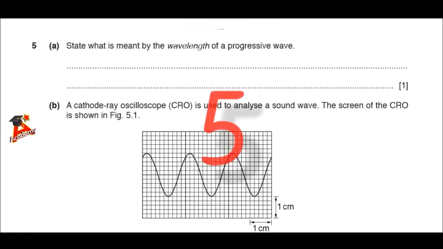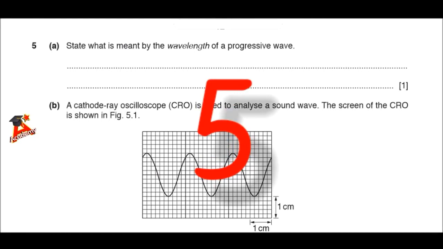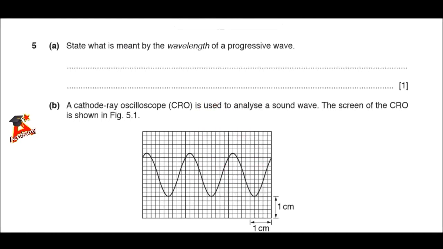By the wavelength of a progressive wave, the wavelength of a progressive wave is the distance between any two adjacent wave fronts. That's the wavelength.